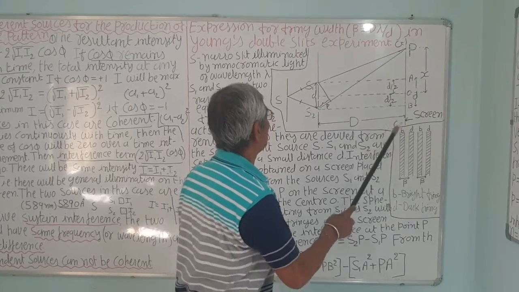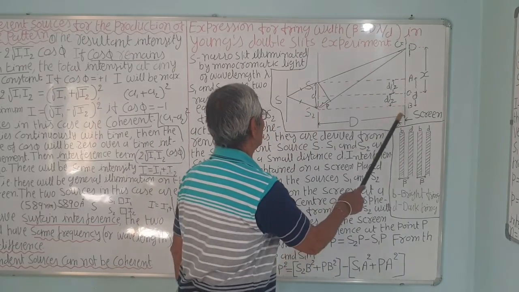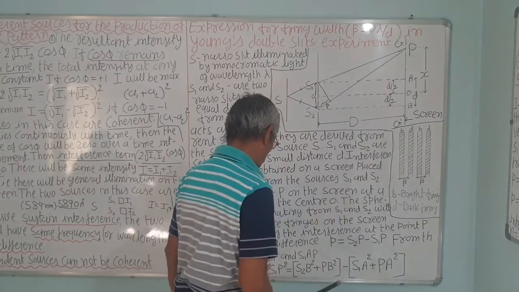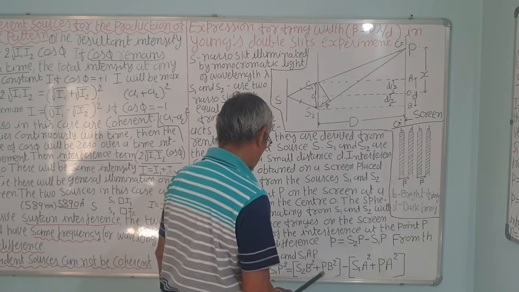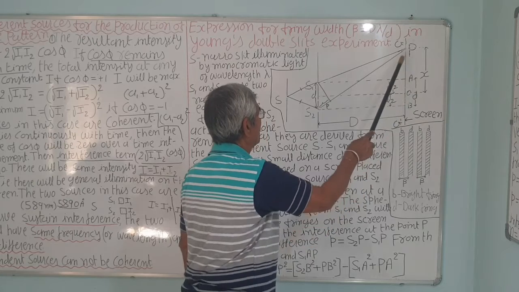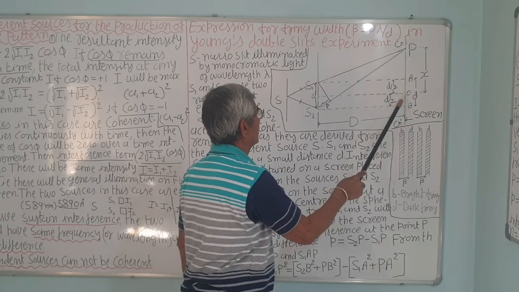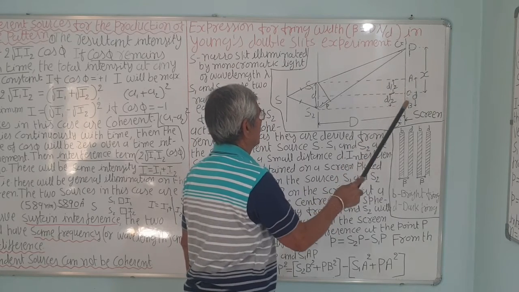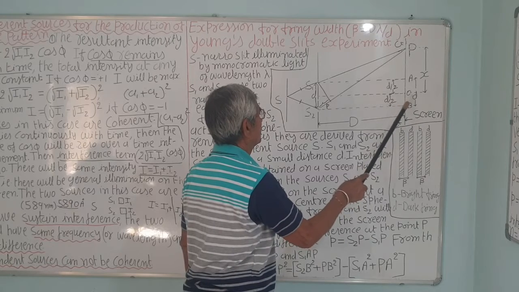Now, what is S2B square? And what is BP square? PB square is equal to OP square, that is x, plus OB square, that is d by 2.